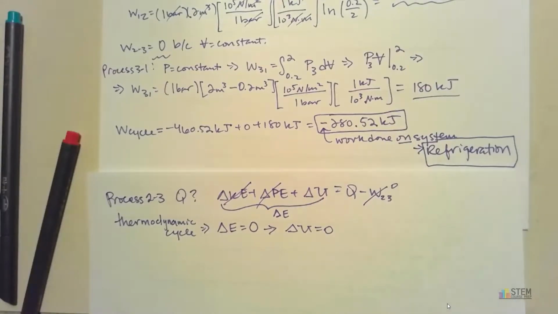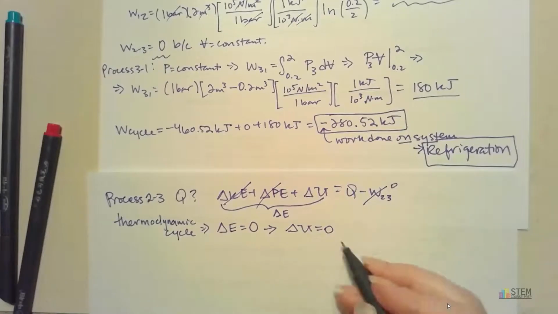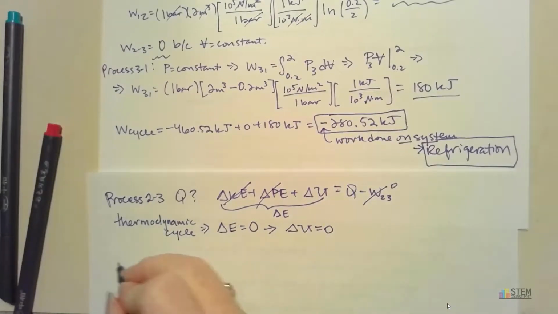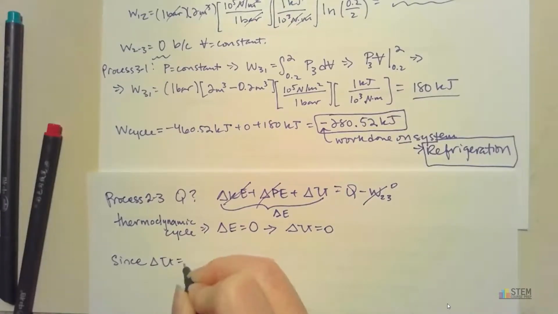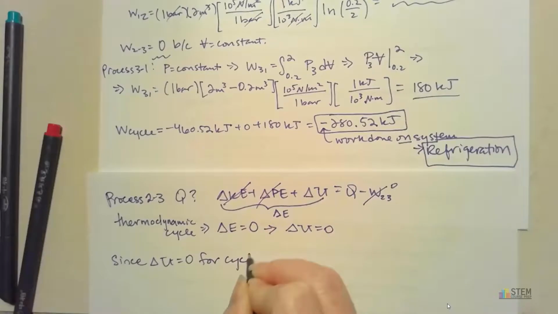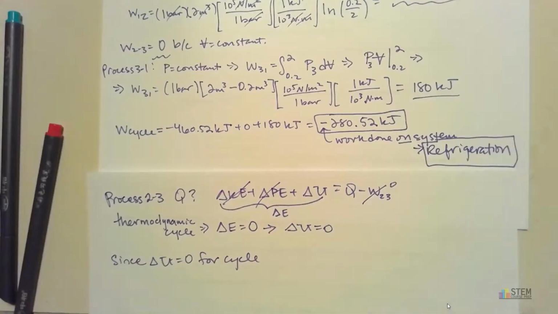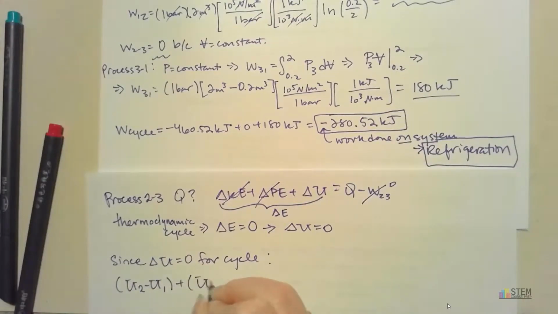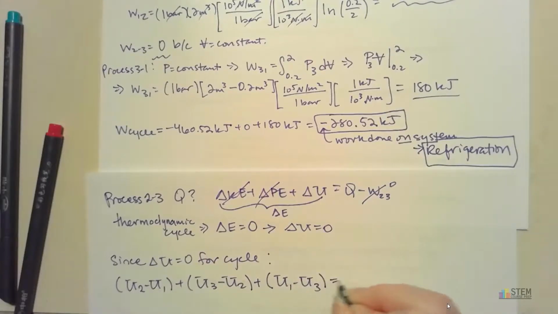So with that being said, let's write out delta U for the whole cycle. Since delta U equals 0 for the cycle, not the process, but the whole cycle, going from 1 back to 1, then we can write that U2 minus U1 plus U3 minus U2 plus U1 minus U3 equals 0.